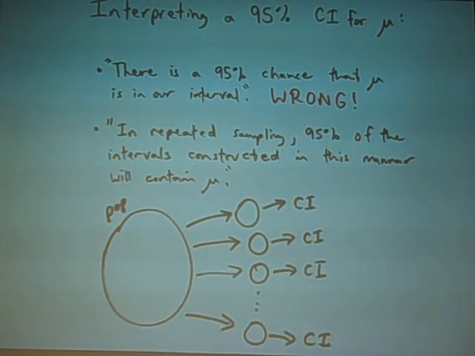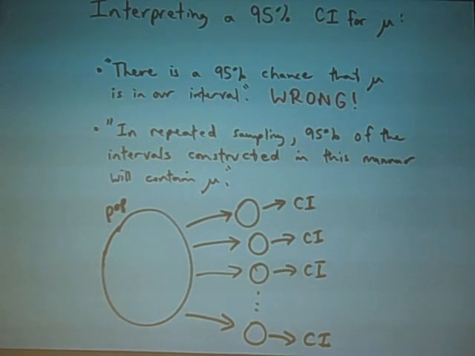Does that make sense at all? It's really subtle, but it's probably important that I say that. So if you've done some research and you're looking at an article and somebody does a confidence interval in the article, or if you're creating a confidence interval for some paper you're doing, anytime you interpret that interval, some people will really jump on this, and some people may not even know the difference.